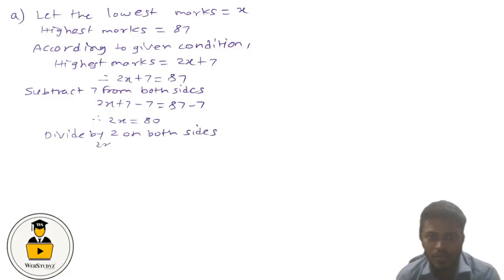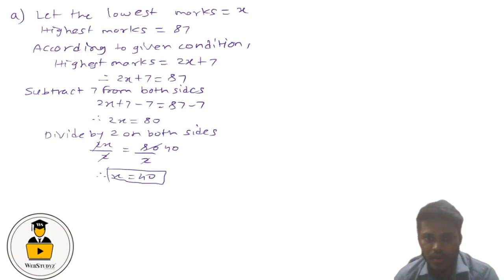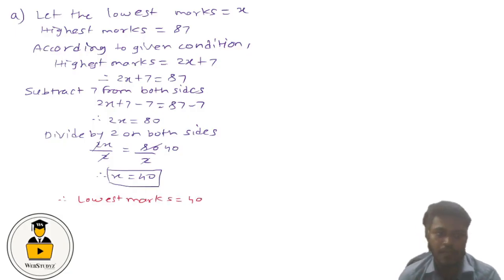So we get 2x upon 2 equals 80 upon 2, which gives us 40. Therefore x comes out to be 40, and x is the lowest marks. So the lowest marks are 40.